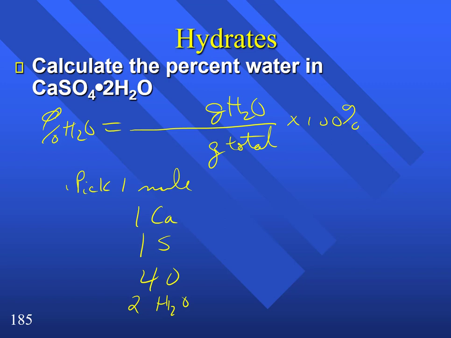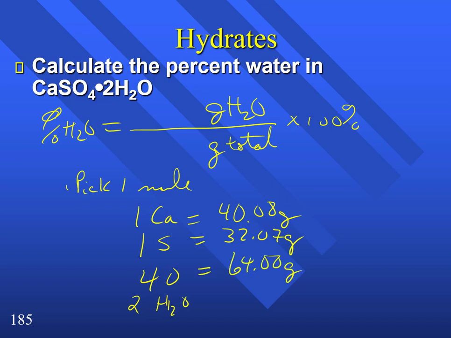So 1 Ca is 40.08 grams. 1 S is 32.07 grams. 4 oxygens is 64.0 grams. And water is 2.02 and 16, so that's 18.02, and 2 of them would be 36.04 grams. Everybody okay with where I got 36.04? 2.02 for hydrogen, 16 for oxygen, H2O is 18.02.